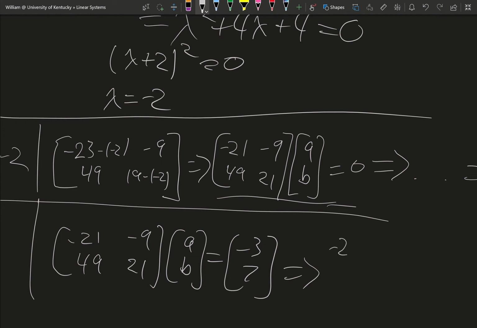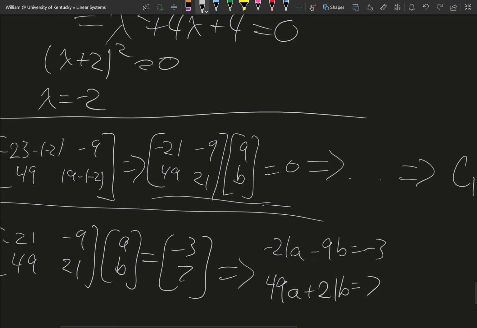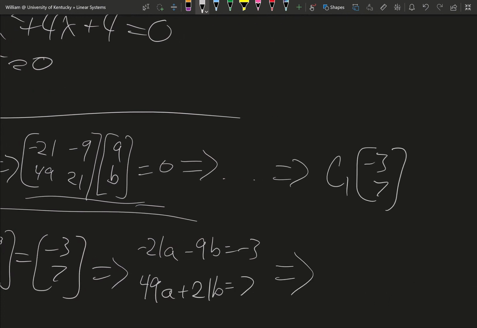So negative 21a minus 9b equals negative 3, and 49a plus 21b equals 7. If we divide the top one by negative 3, we get 7a plus 3b equals 1. And if we take the bottom equation and divide by 7, 7 squared is 49, so 7a, and 21 divided by 7 is 3.